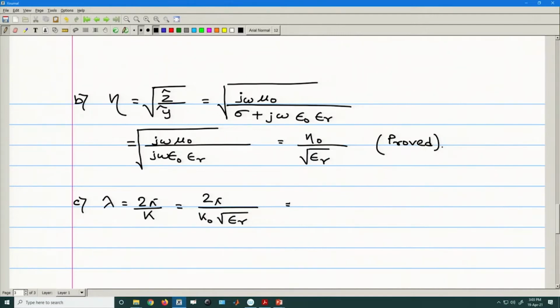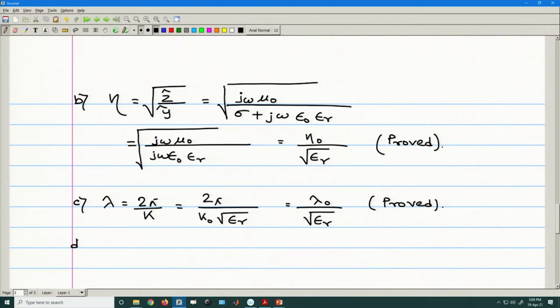So, k naught again can be written as 2 pi upon lambda naught. So, this will cancel out and we are left with lambda naught upon root of epsilon r. So, again this is proved.